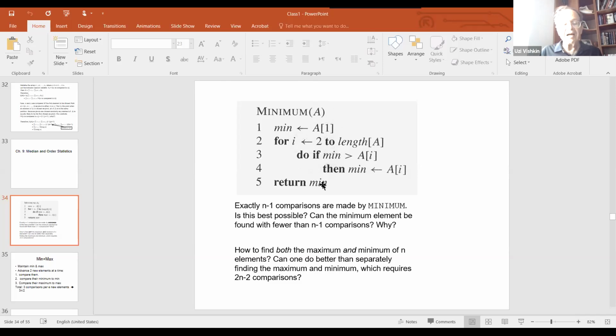The elegant, not very deep observation here is what you can do if you want to find both the maximum and the minimum. Clearly, you can apply both algorithms, and the total number of comparisons will be 2n-2, because the minimum does n-1 comparisons and the maximum does n-1. Can you do better?